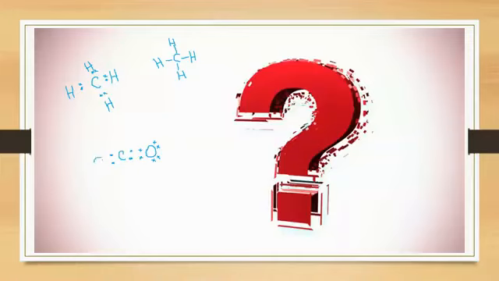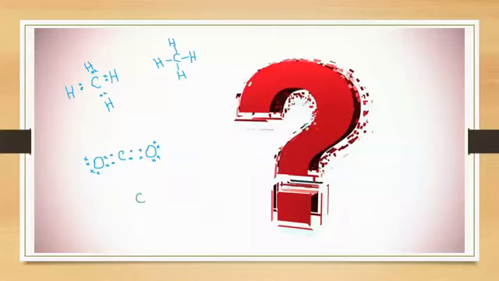Similarly, another oxygen atom combines with the carbon atom by sharing 2 electrons. As oxygen contains 6 electrons in its outermost energy level, there are 2 lone pairs in this oxygen atom too. Here are 2 pairs of electrons and here are 2 pairs of electrons.